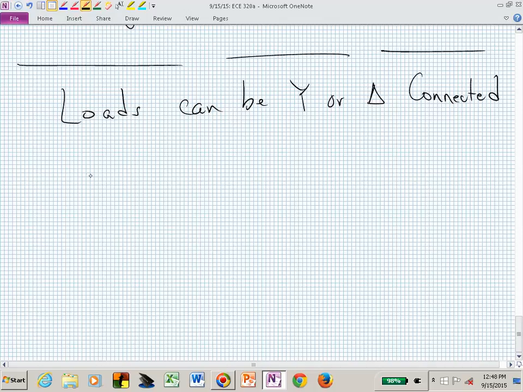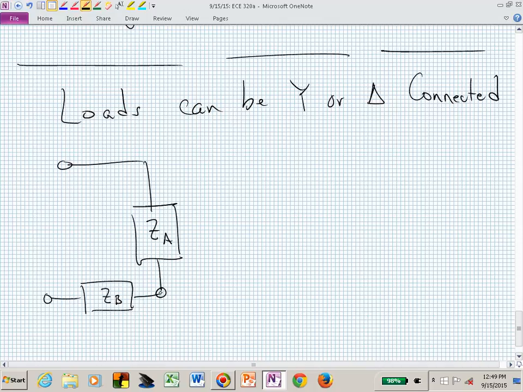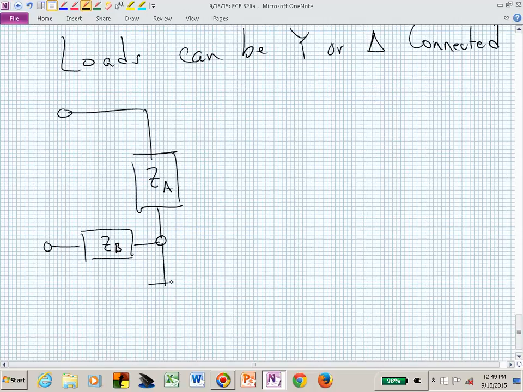In a load, let's say that now we have a Y-connected load. And here's the A terminal, the B terminal, and the C terminal of that Y-connected load. And we have our delta connected load.